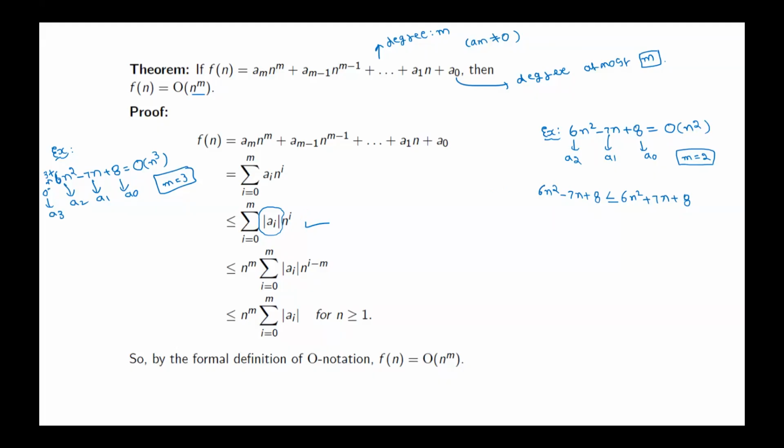Now, n power i we can write as n power m into n power i minus m. Why? Because we know that b power l into b power m is b power l plus m.